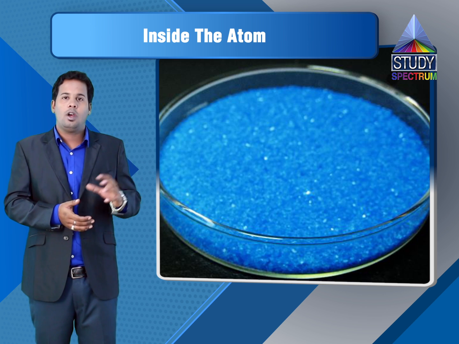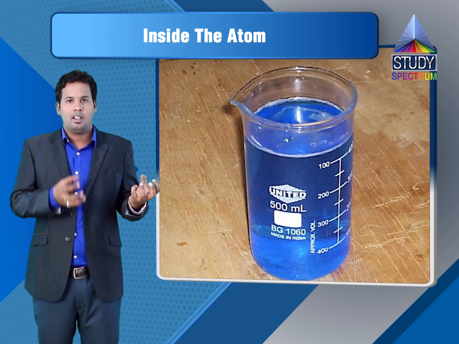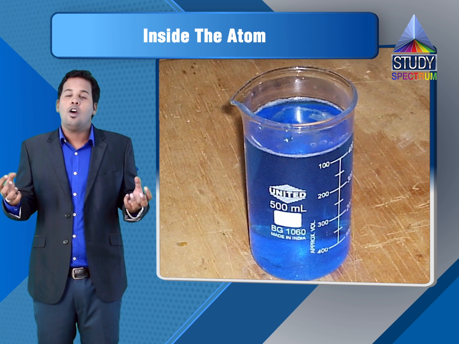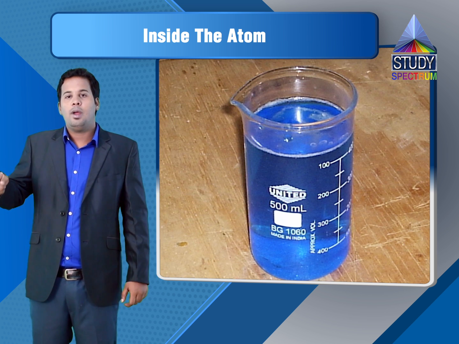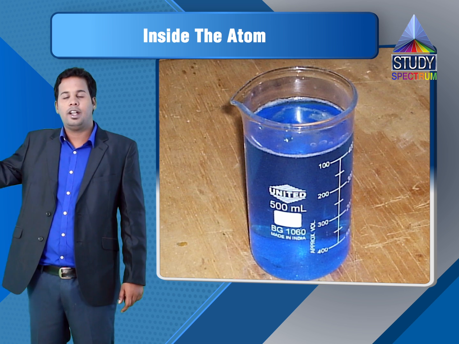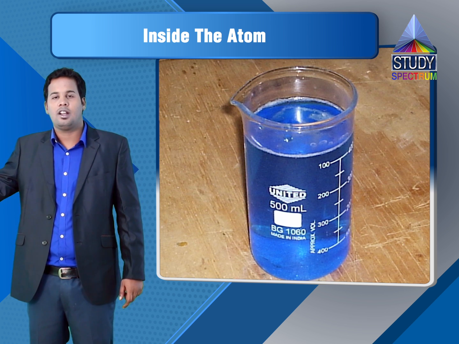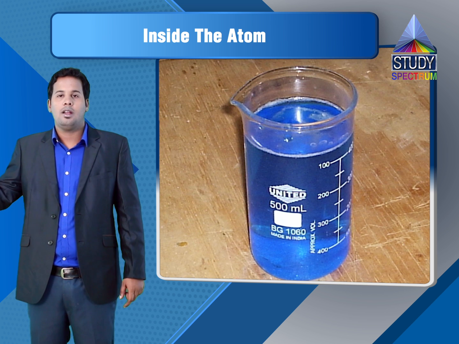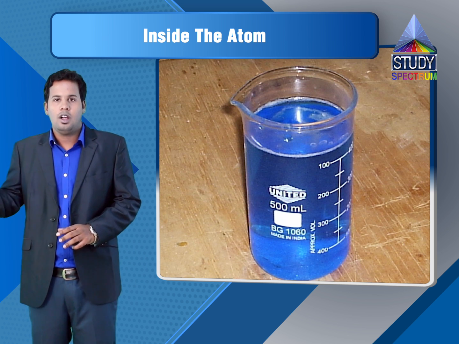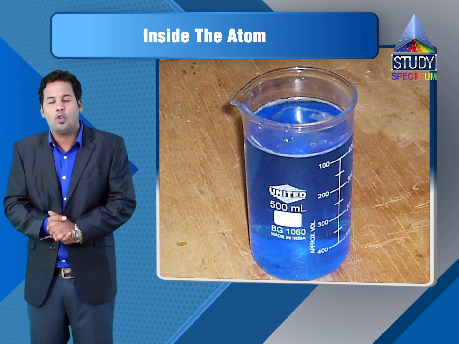Finally, you take 10 ml of solution from the third beaker and pour it into 90 ml of water in a fourth glass beaker. Now again you have 100 ml of copper sulfate solution in the fourth beaker.